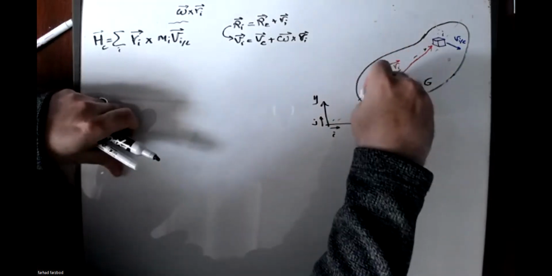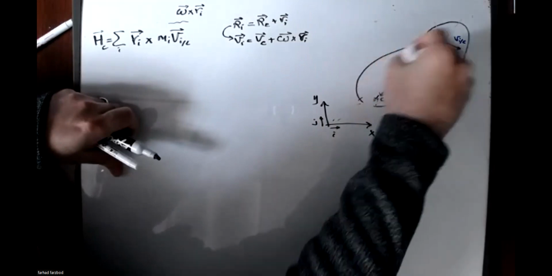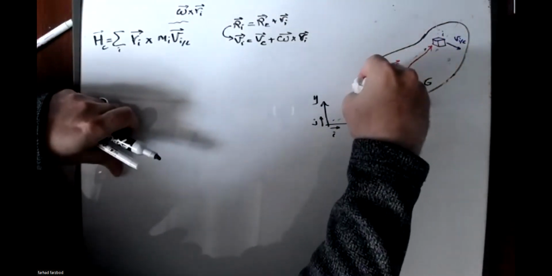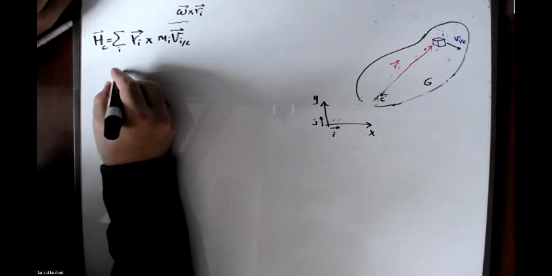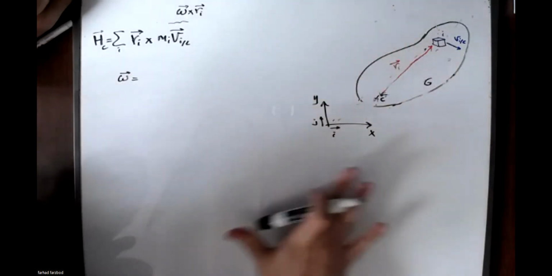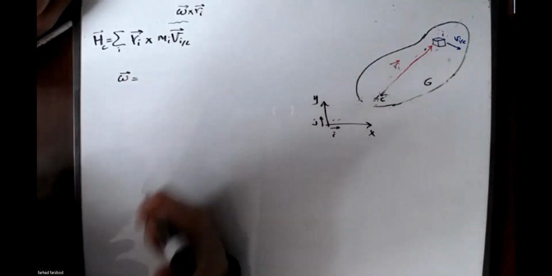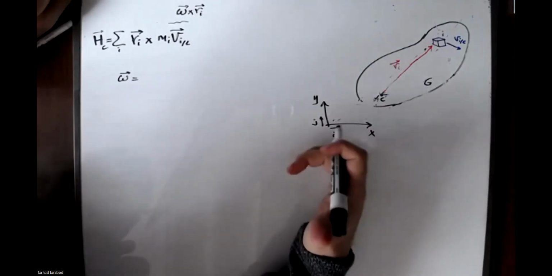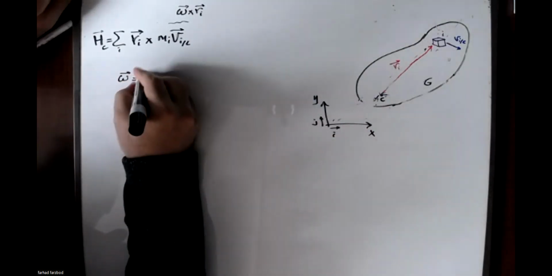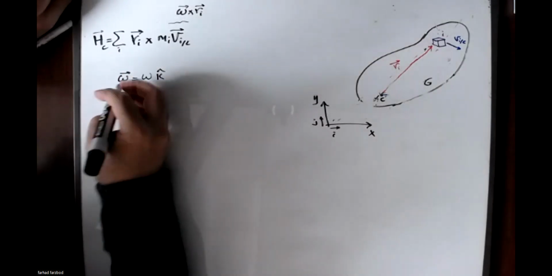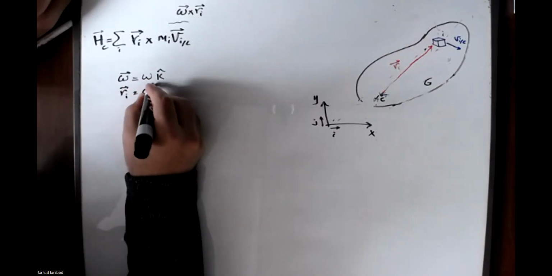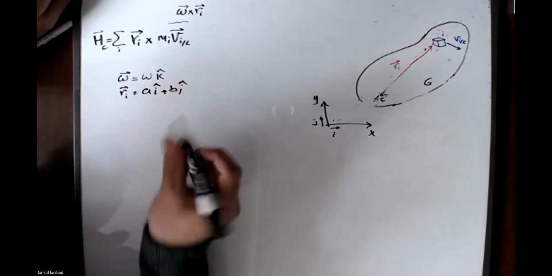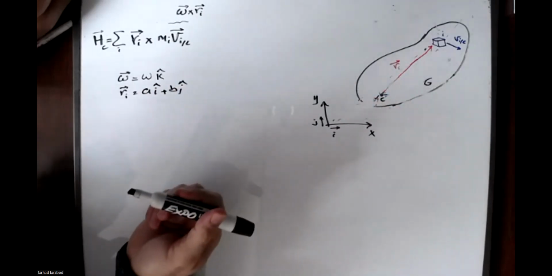So the first part is that we discussed 2D system, which is very simpler compared to the 3D system. So if I have a 2D system, my omega would be in the k hat because everything is planar. So omega is a vector that we can use right-hand rule. It shows the rotation. So omega would be some value, k hat, and my Ri would be a i hat plus b j hat, some planar vector, right?